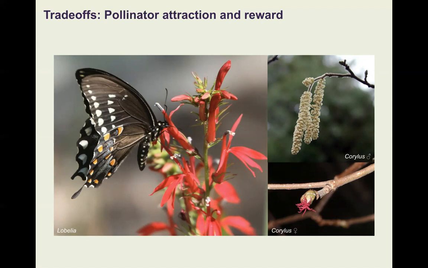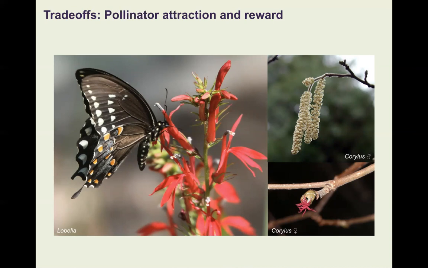And it's costly. So the cost of attracting and rewarding animals is substantial, and some plants have chosen or evolved to not reward or attract any animals, and instead to get pollinated by the wind. So this is a hazel catkin, lots and lots of male flowers here, small and few female flowers there.